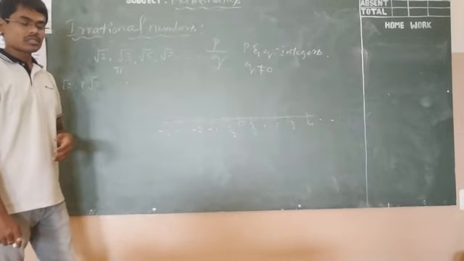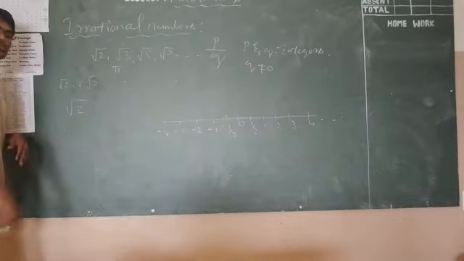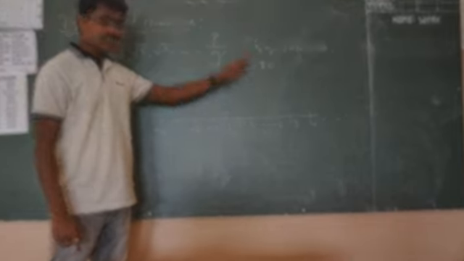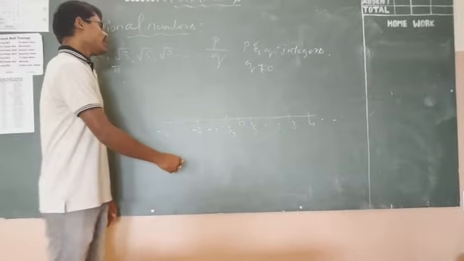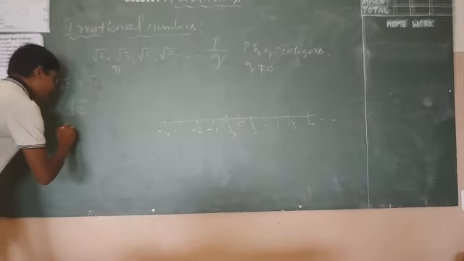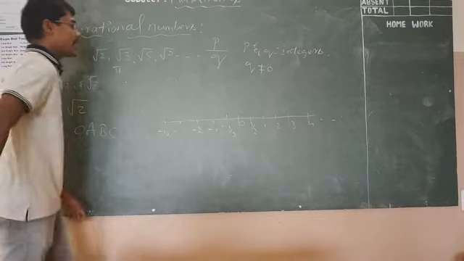Afterwards, we just take this example, root 2. How am I going to represent this root 2 over this line? Now look at here. I am going to draw a rectangle. I am going to take this one as OABC, like that.